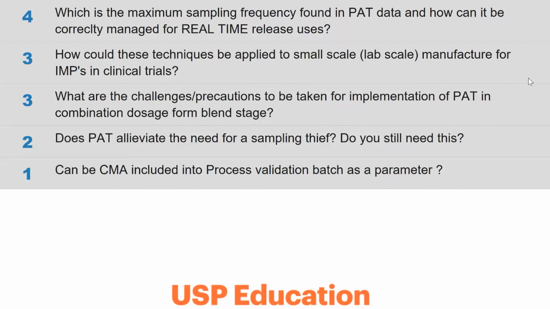So it's really impossible for me to answer that. The sampling frequency is going to depend on the exact type of probe you're using. And manufacturers of these process analytical probes are more than willing to help and work with you so that you choose the correct probe and place it at the correct spot.